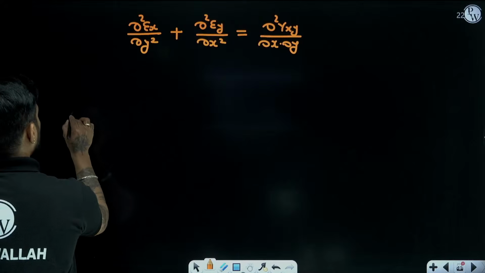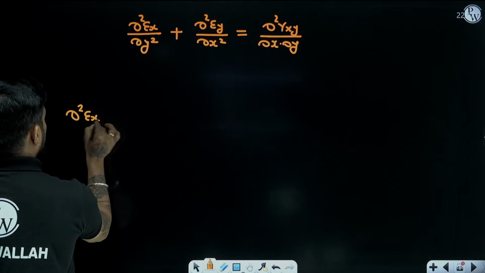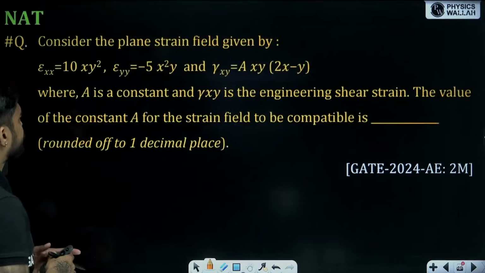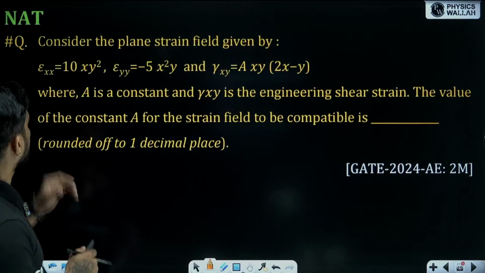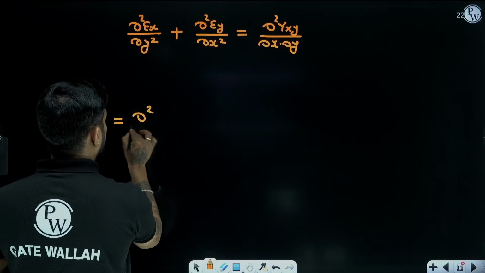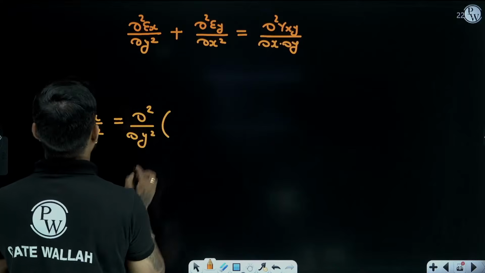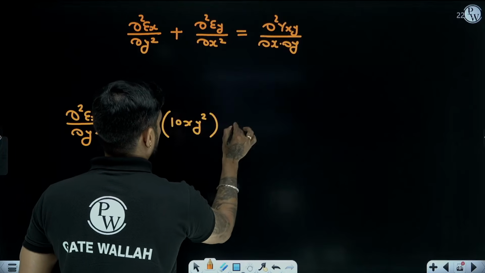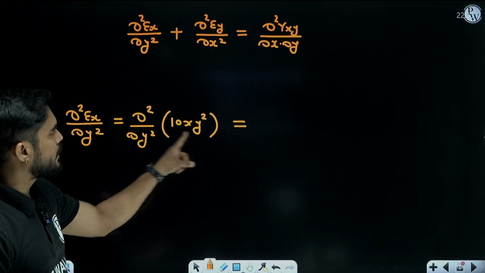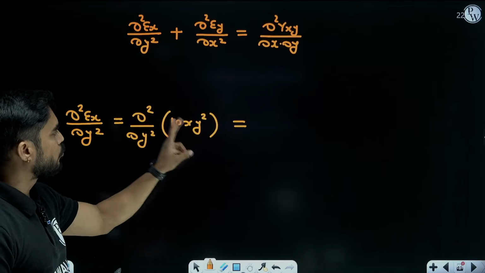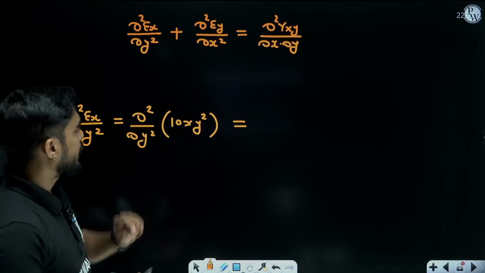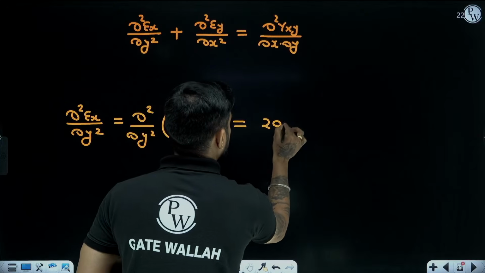So dou square epsilon x by dou y square, what you are going to get? Dou square by dou y square of 10xy square. So if I differentiate this with respect to y 2 times, first time I will get 20xy, second time I will get 20x.